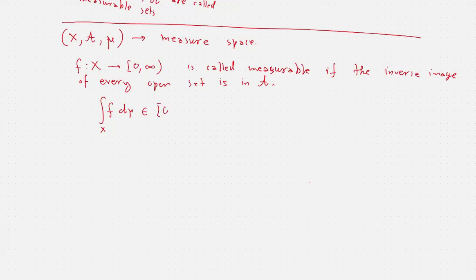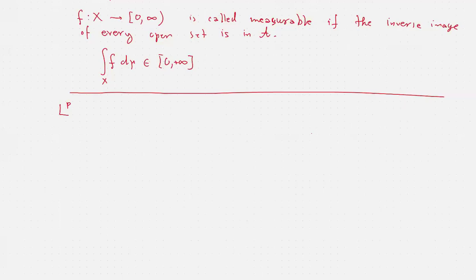And pretty much what we do is we define L^p(X, A, mu). Sometimes you will see this denoted by either L^p(X, mu), or even L^p(mu), because once you have mu, somehow the presence of X and A are presupposed.